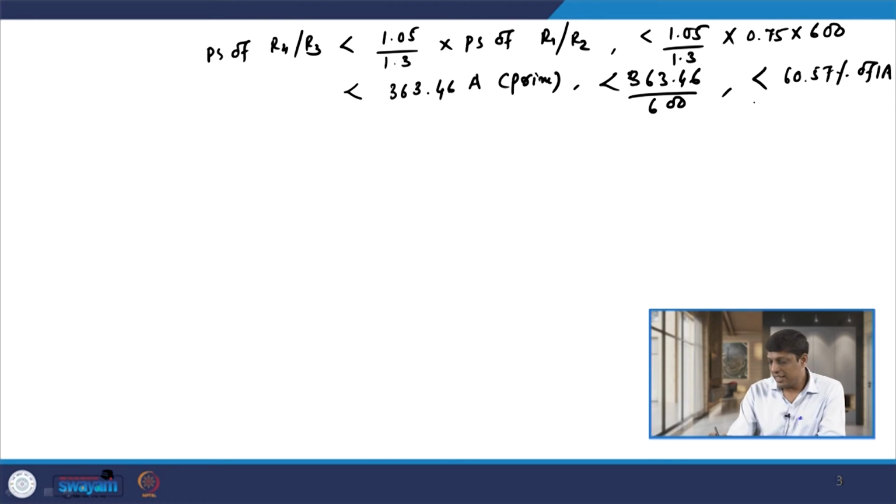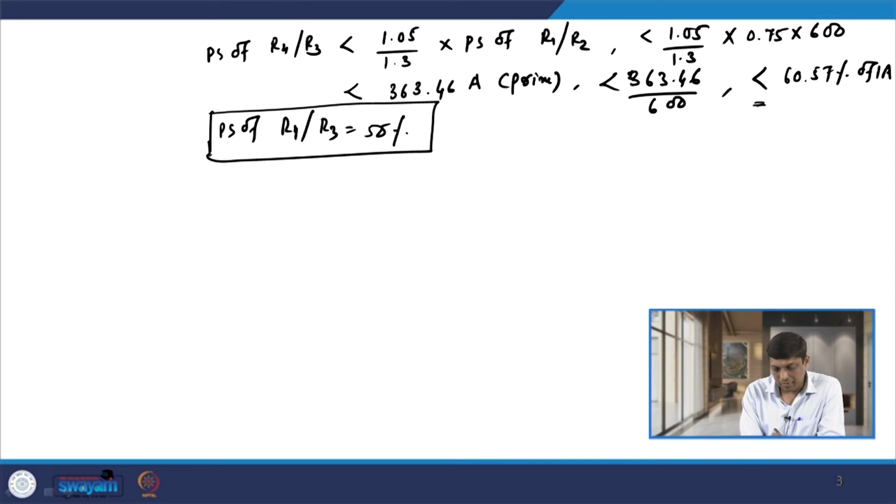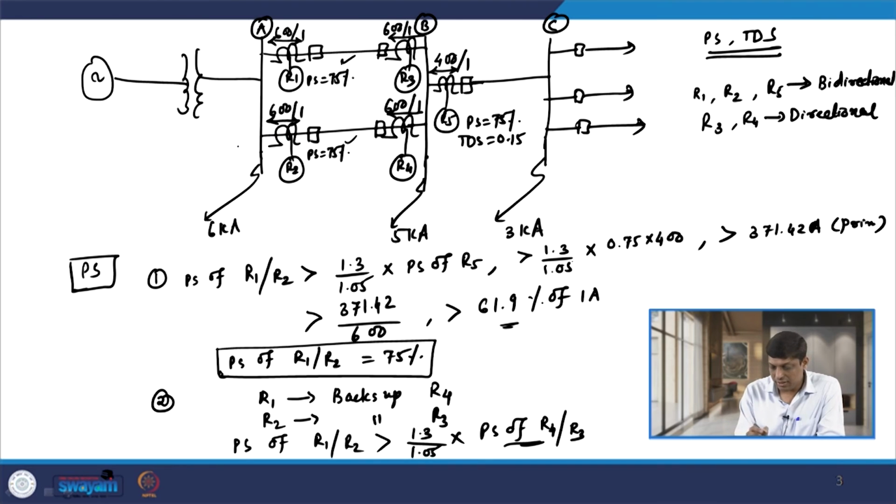As it has to be less than this, we have to decide the setting in the next range below this. The value available below this is 50%. So we can decide the plug setting of R4 and R3 is equal to 50% of 1 ampere. So we have decided the setting of R3 and R4 is 50%, right. That we can note down.